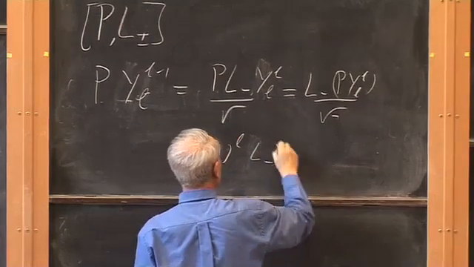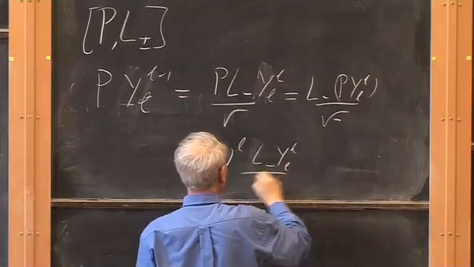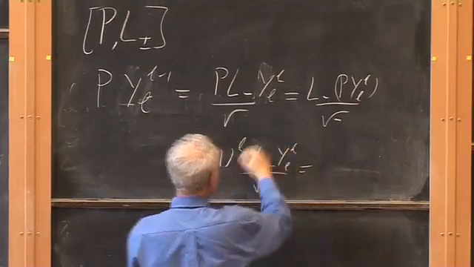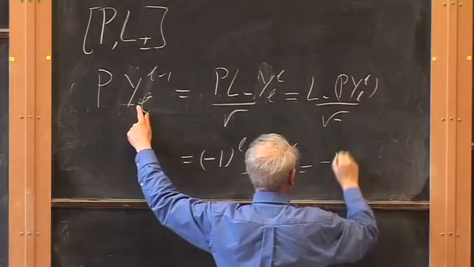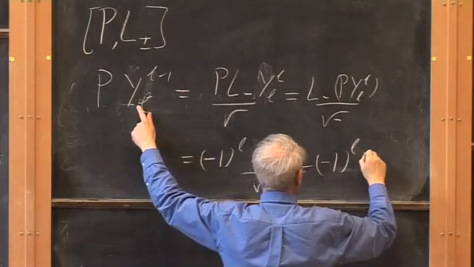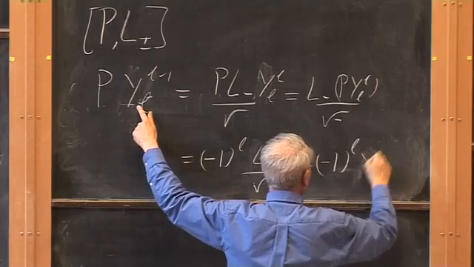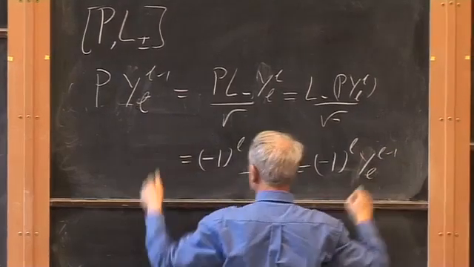So we have L minus Y_LL over the square root. But this is Y_L,L minus 1. So it's equal to minus 1 to the L of Y_L,L minus 1.